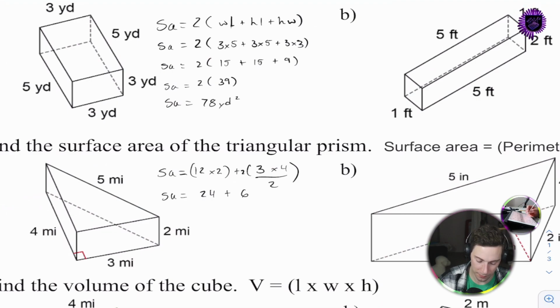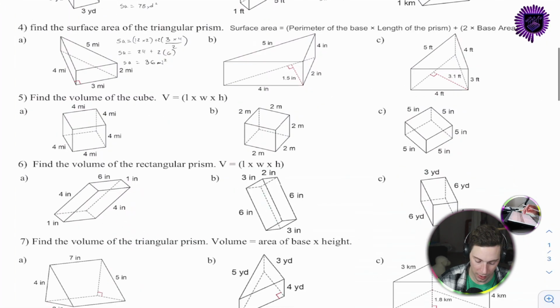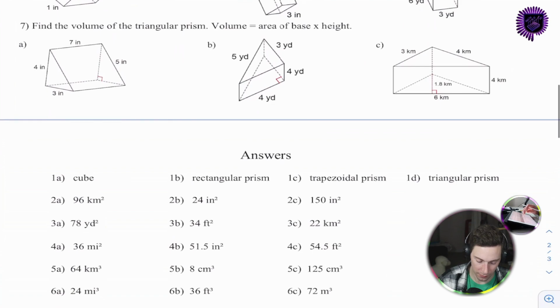That's times 2 in there. So times 2, so this is 2 times 6. So our surface area is equal to 36 miles squared. Now let's see if I'm correct on that. 36, 4a. Yeah, 4a. Okay.